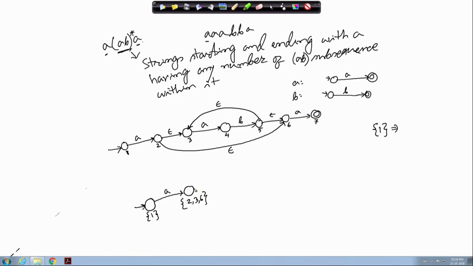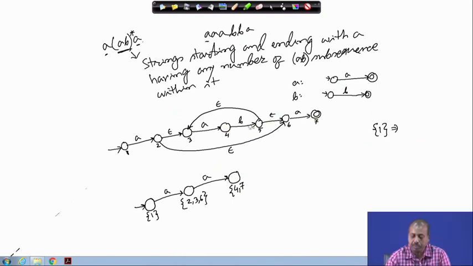So, on A I will be able to go to a state which is 4 and 7. From 4 and 7 there are no epsilon transitions defined. So, this is one of the final states.